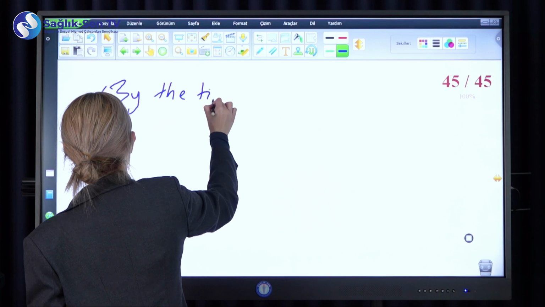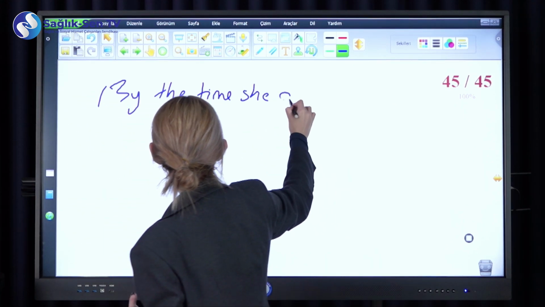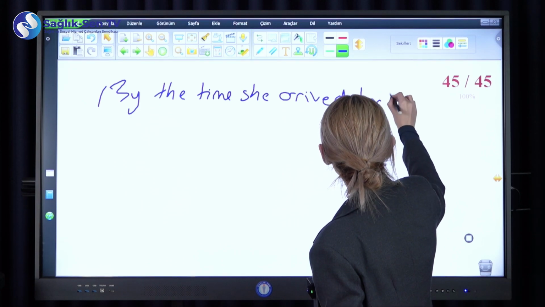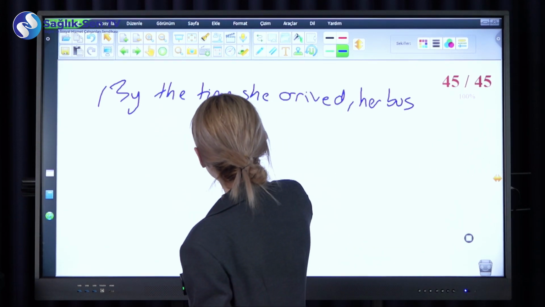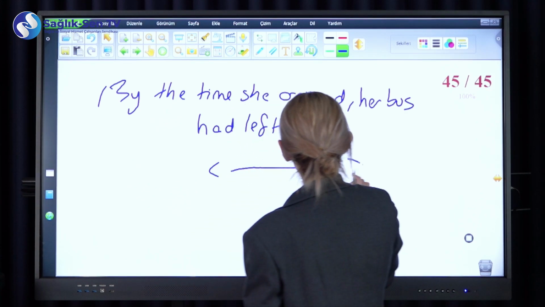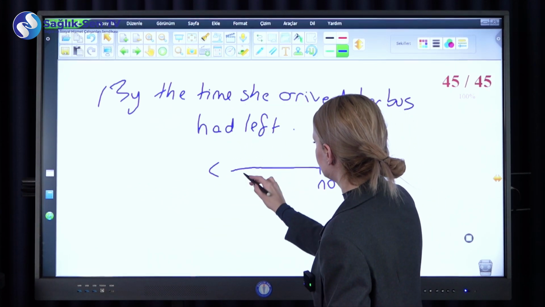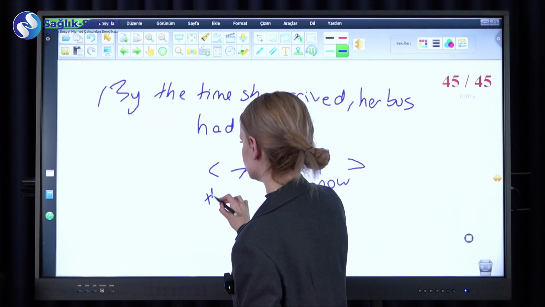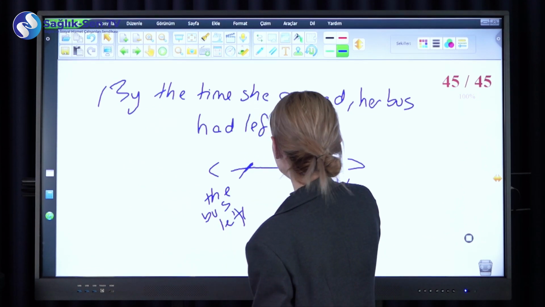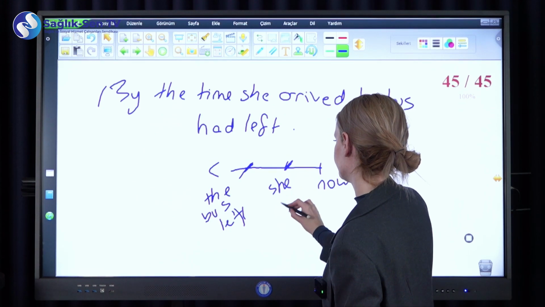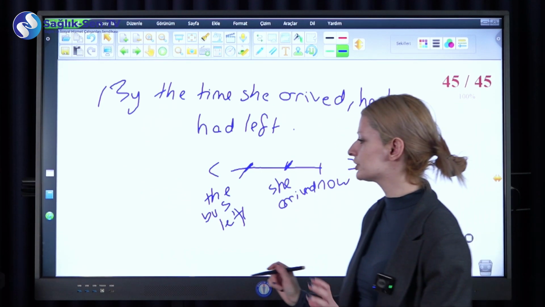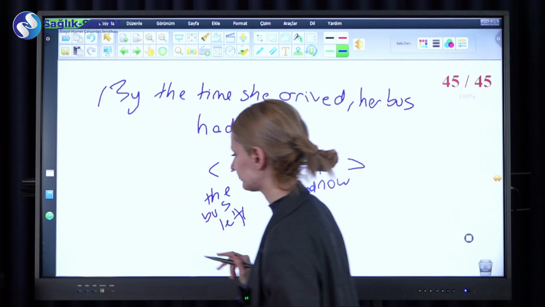By the time she arrived, her bus had left. So the meaning is, here somewhere the bus left, and here she arrived. So she couldn't reach the bus.